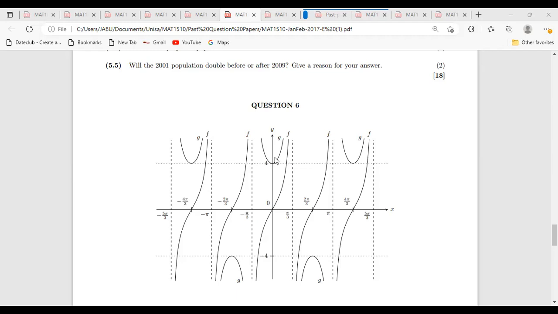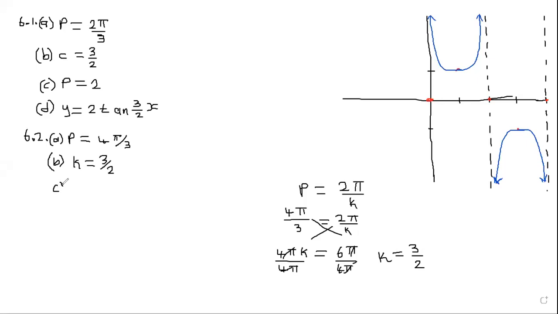So the phase shift is negative pi over 3 units.